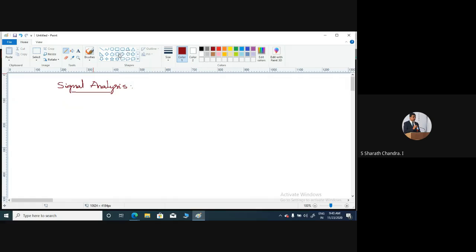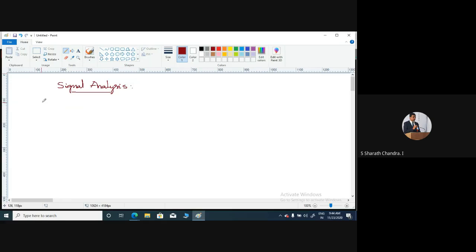In mathematics, we know a concept called a vector. A vector is also specified by magnitude and direction. Therefore, as there is a perfect analogy between vectors and signals, we shall use this analogy to try to understand the signal analysis in a better way.